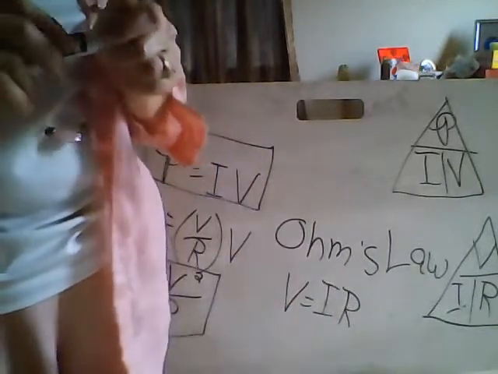When we only have one lane open at the toll booth, our resistance is high and the current has to slow down. So these two are inversely proportional. Current and resistance are inversely proportional when voltage stays the same.